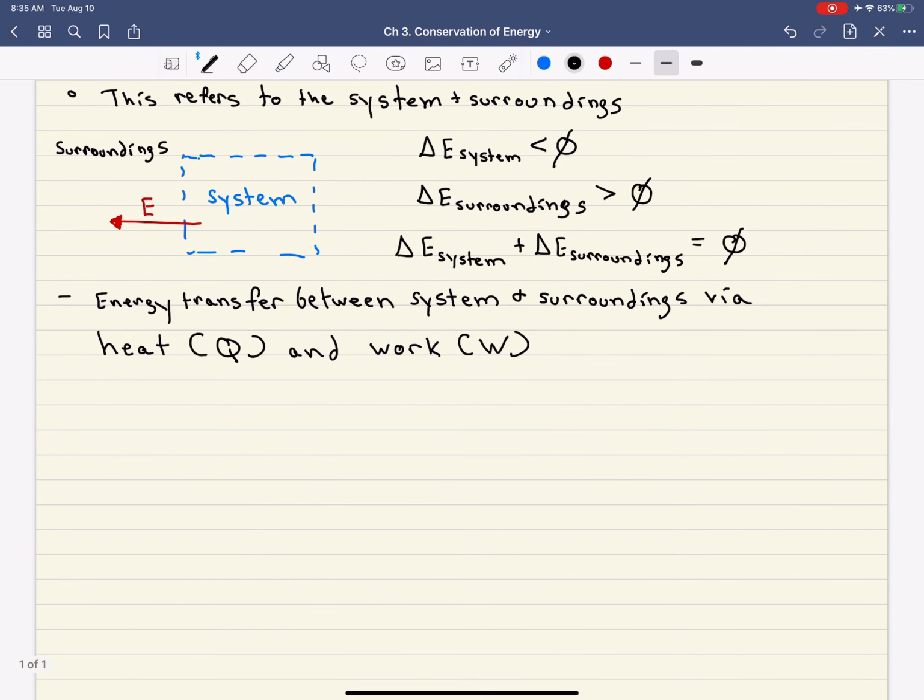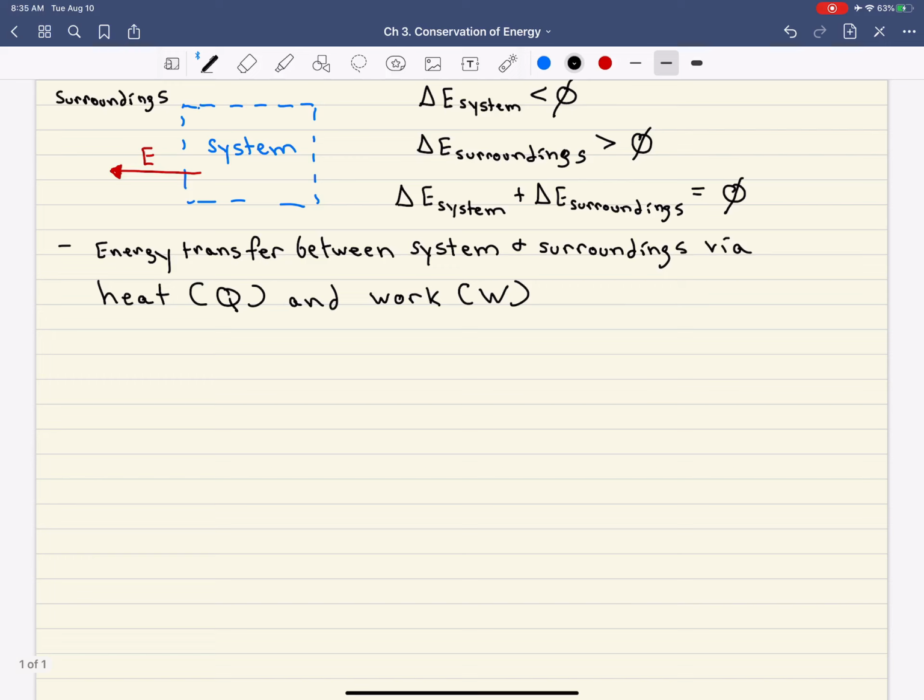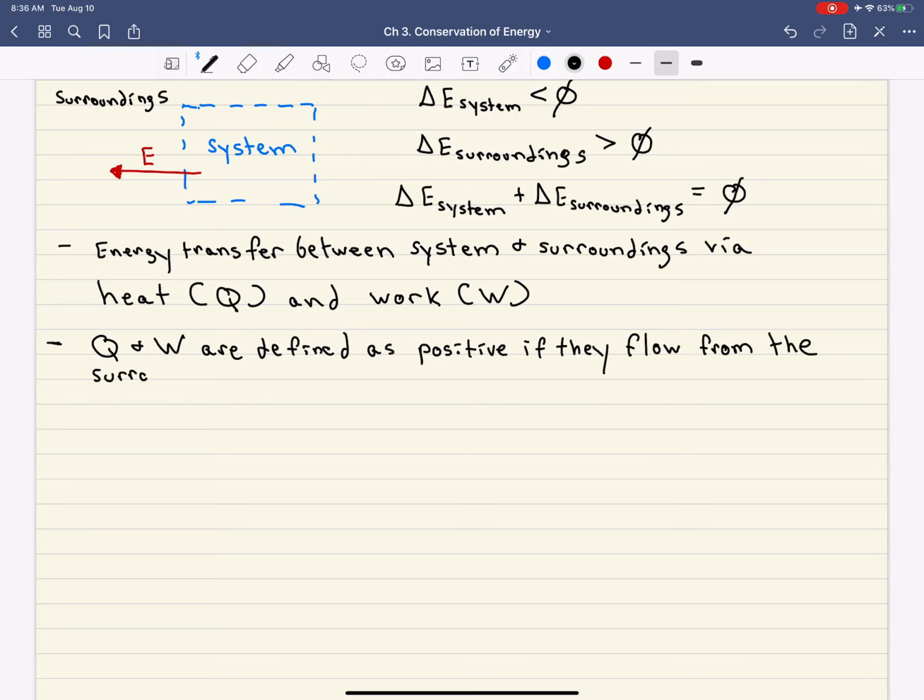To be consistent with the convention that you used in MEB1, when we talk about heat and work in this class, we're going to define them so that their values are positive if they flow from the surroundings to the system, and if the opposite happens, if they flow from the system to the surroundings, they're going to be negative.